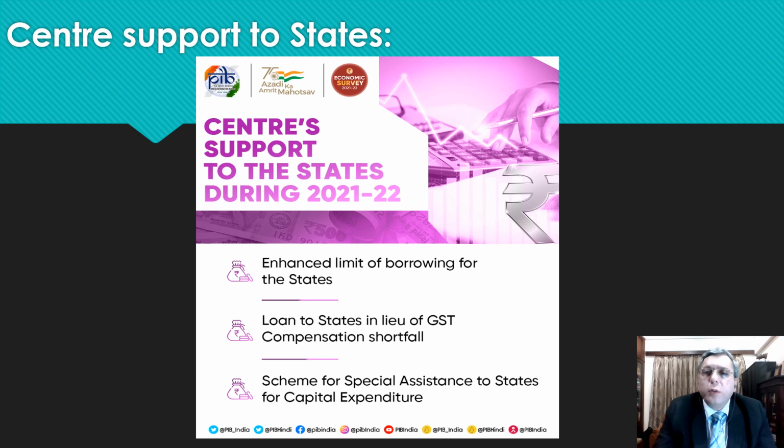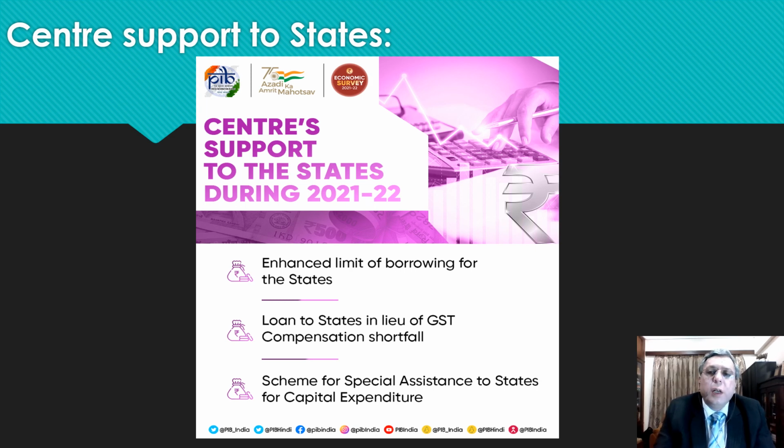Center's support to the state, so the center collects all the revenues for the government and then transfers to the states. Enhanced limit of borrowing for the states has been created. Loan to states in lieu of GST compensation. In fact, this budget also nearly 1 lakh crores, 100,000 crores, 1 trillion rupees has been sanctioned as 0%.